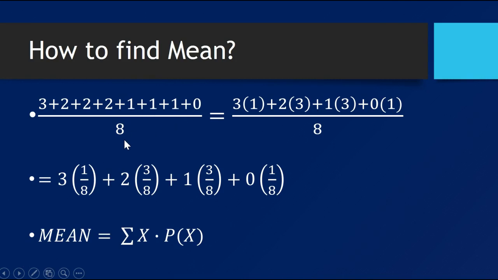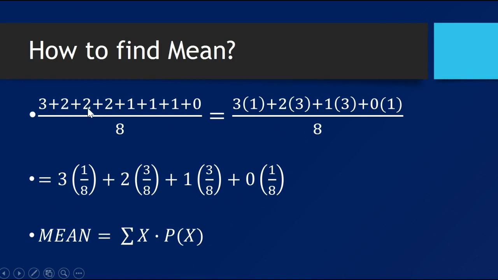Now, we can do a little bit of mathematical manipulation, and we can rewrite that to make it look a little bit nicer. So we can take 3, which happened 1 time, 2 happened 3 times, 1 happened 3 times, and 0 happened 1 time. So we could observe that and utilize multiplication instead of repeated addition.